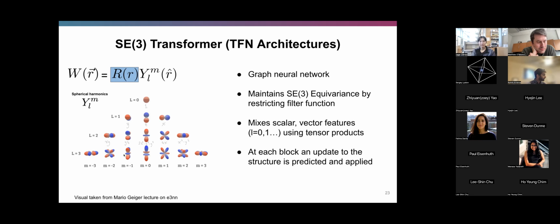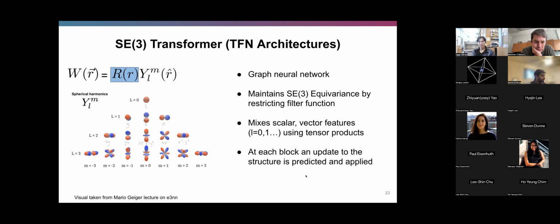The general idea, and this visual is taken from a lecture, is that tensor field networks use spherical harmonic functions to restrict the functional form of the filter of the neural network. They have this interesting property that you can mix scalar and vector features, based on L equals 0 or L equals 1, using tensor products and maintain equivariance.